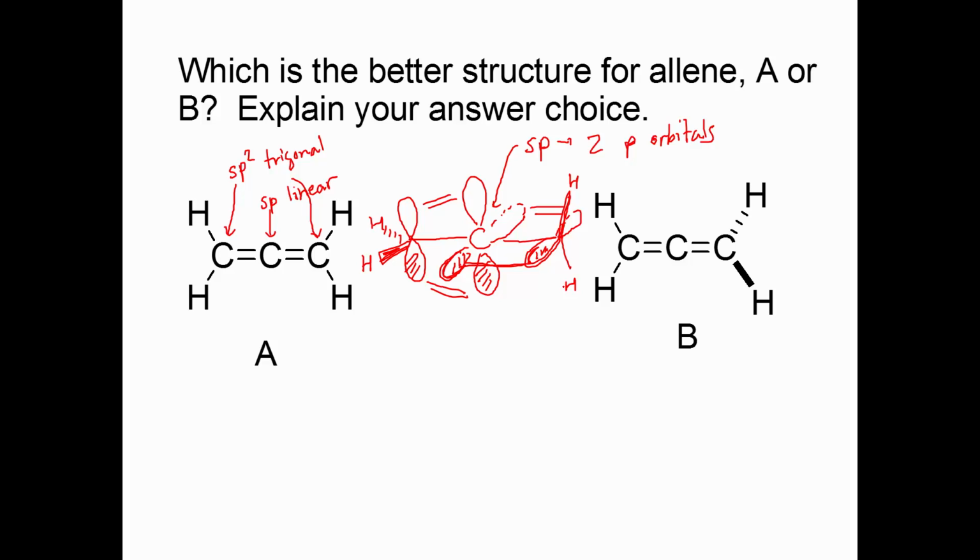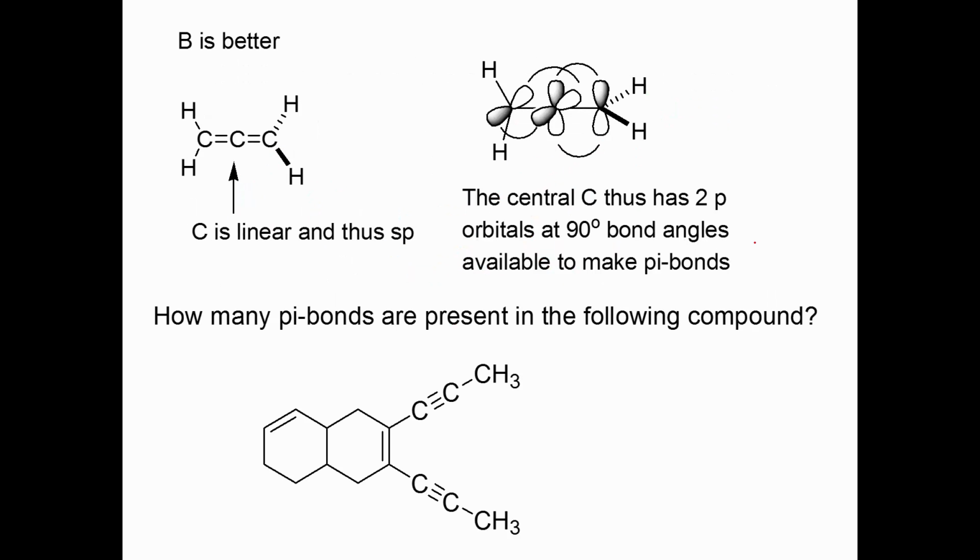Okay, so we're going to choose the one where the planes are perpendicular to each other. One of the planar carbons, trigonal planar ones, is in the screen, and this one is actually 90 degrees to the screen. So we should pick B as our answer.